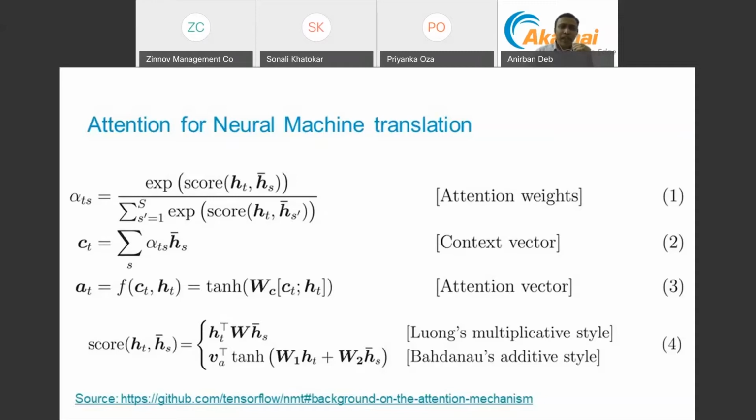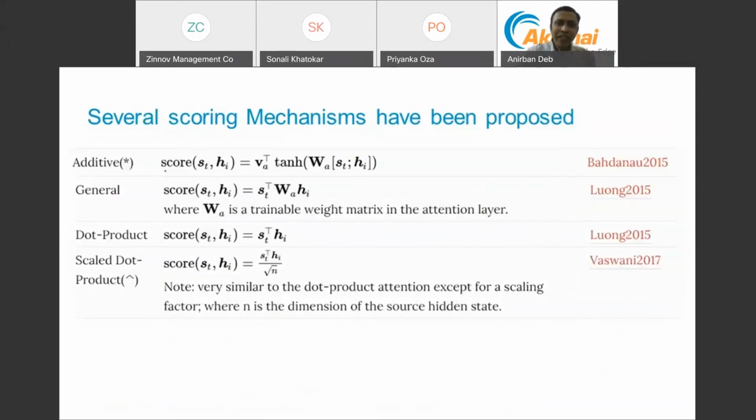People have tried different ways of calculating this scoring function, and what we have settled on is different from what was initially thought. People tried different things: adding up the vectors, or doing a dot product and scaling the dot product. And that's what we've settled on.